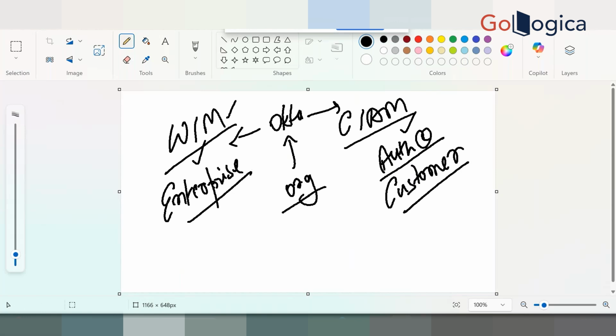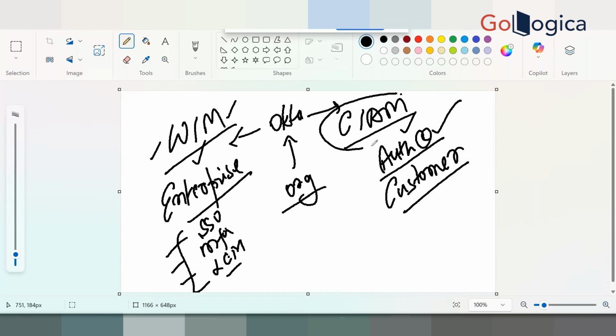Enterprises means organizations dealing with SSO kind of activity, MFA kind of activity, and lifecycle management kind of activity. So they are using workforce identity. Those organizations dealing with Auth0 kind of activity can go with the CIM product.